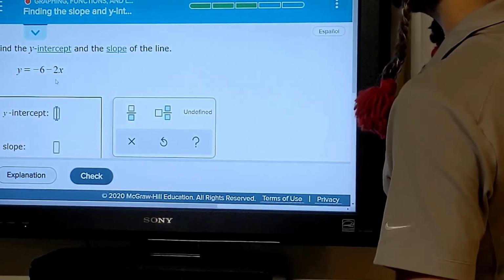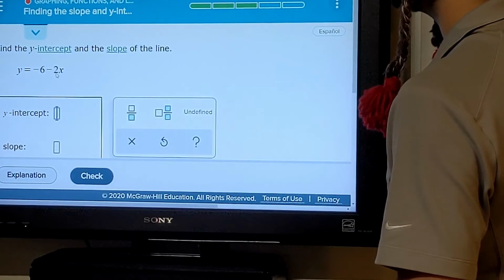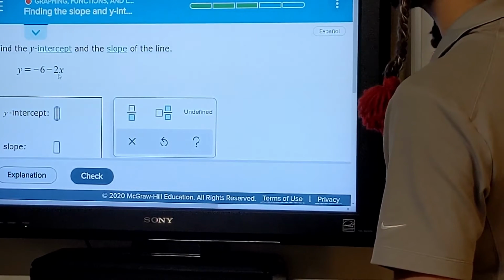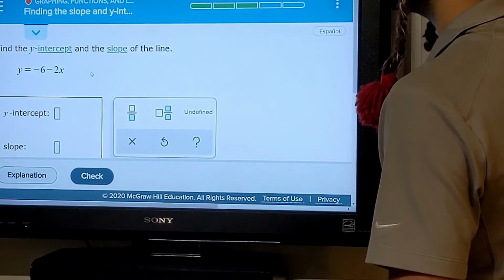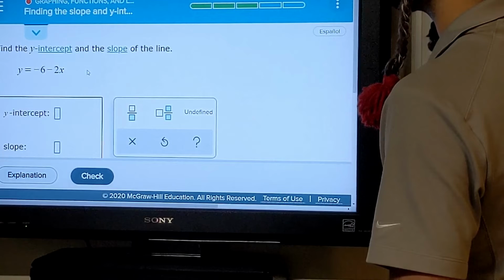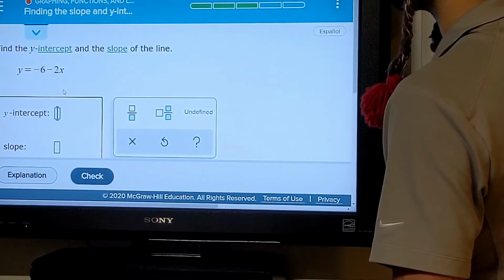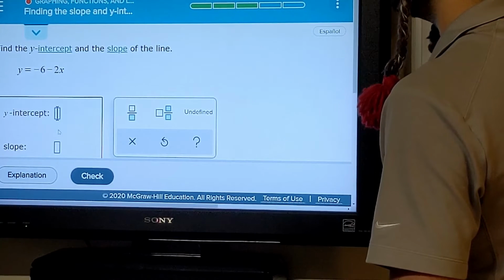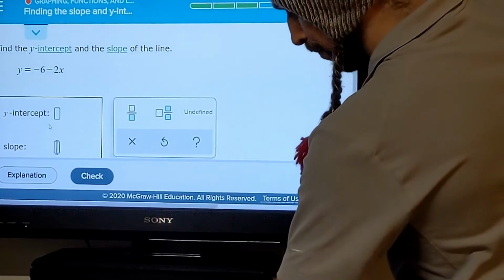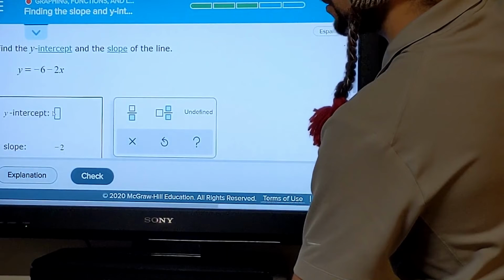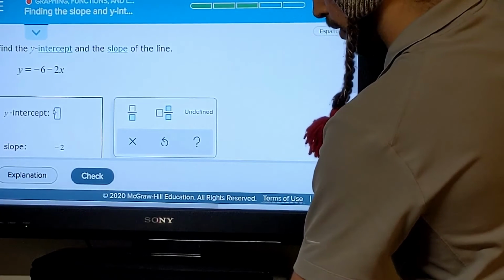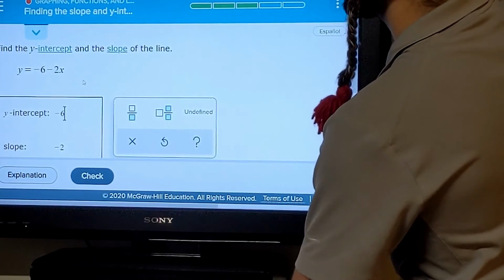So here we did have to reorder our terms just to more clearly see that the coefficient of x is going to be our slope, and our constant, which will be at the end in slope-intercept form, will be our b, our y-intercept. So our slope, our m here, was negative 2. And our y-intercept, our b, was negative 6.